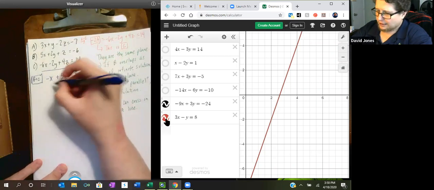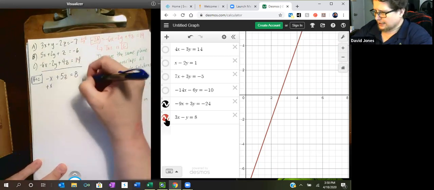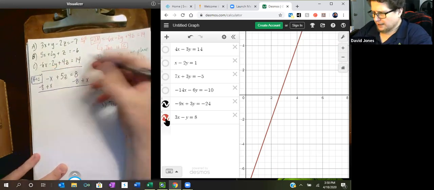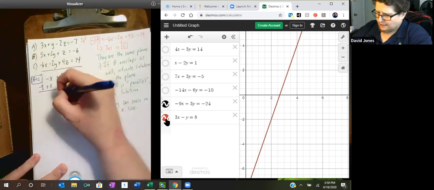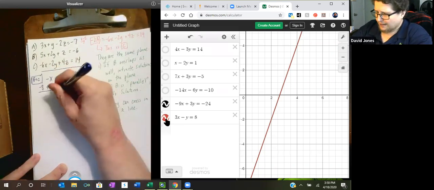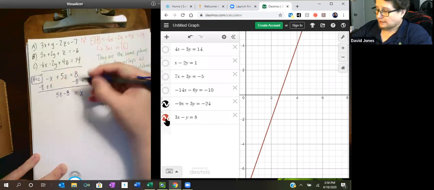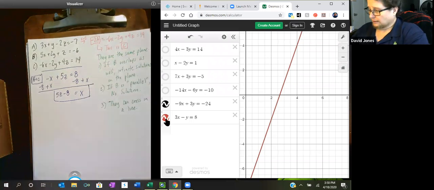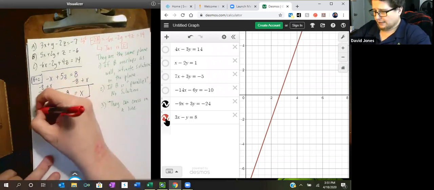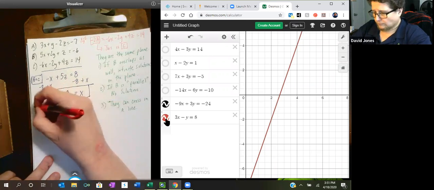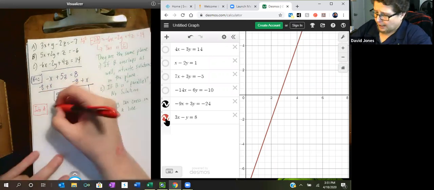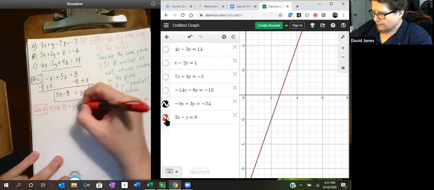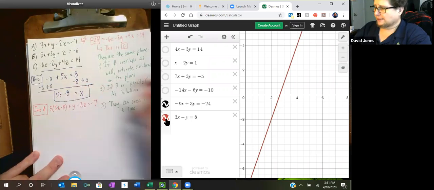I'm going to get x by itself. So I'm going to add x to both sides, and I'm going to subtract 8. And I get x equals 5z minus 8. Okay, let's plug this into the other ones. So into A, I have 3 times 5z minus 8 plus y minus 2z equals negative 7.